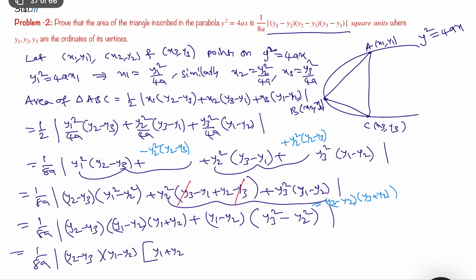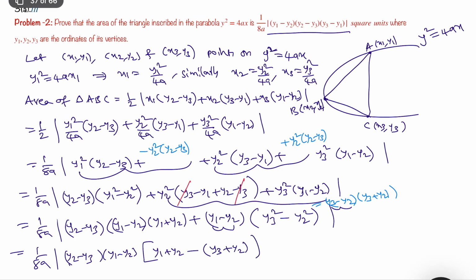Here y1 minus y2 got out and we have taken y2 minus y3 out, but here we have y3 minus y2, so we should get a minus here, and the leftover is y3 plus y2.